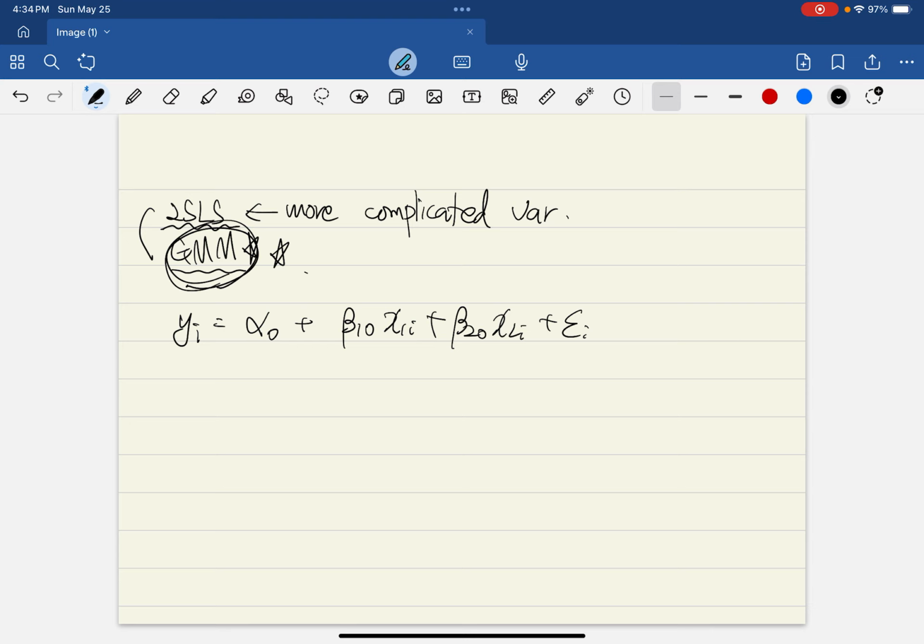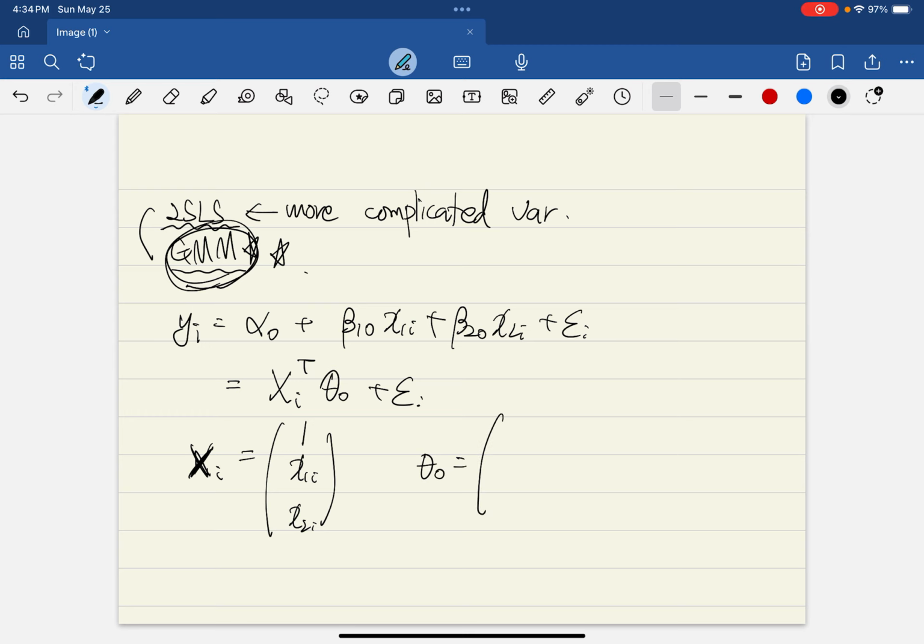The reason why I define that vector notation is to write it as xi transpose theta 0 plus epsilon. To write it this way, the definition should have been intercept and x1, x2, since my x usually looks too much like alpha. And of course, theta must include the intercept.